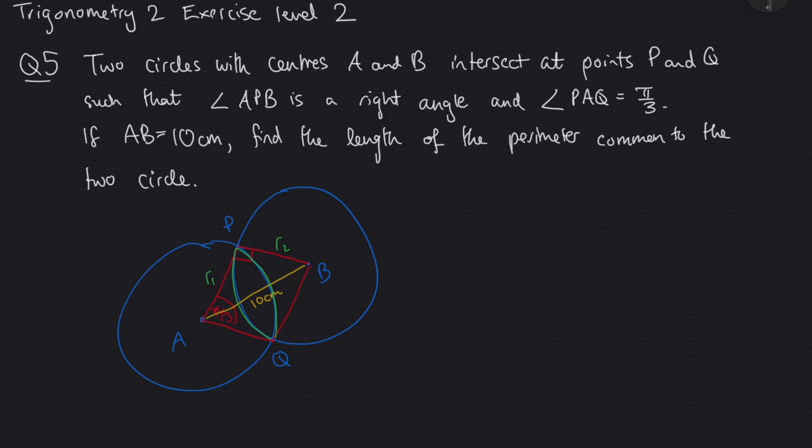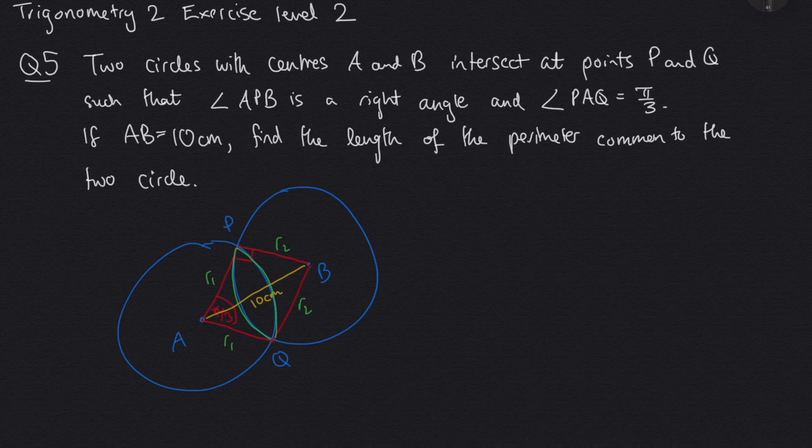Okay, well, we also know that this length here is R1. We also know that this length here is R2. So this means that the triangles APB and AQB are congruent triangles because all the side lengths are the same.